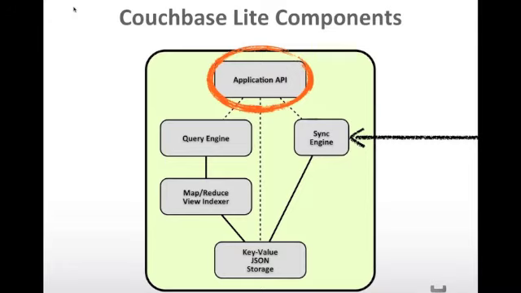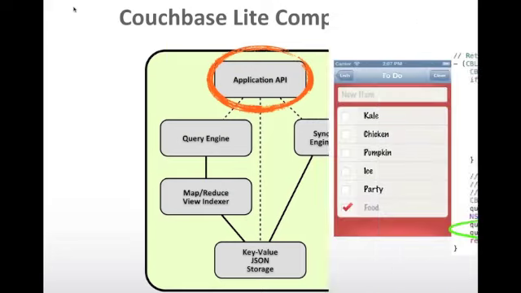And so that means that we've done the work to make sure that our application API, as you interact with, say, Java and iOS, and let's say you're doing some Xamarin and some PhoneGap, you shouldn't run into a whole lot of big differences. The idea is to have an API that gives you the same access to your data across all the platforms.